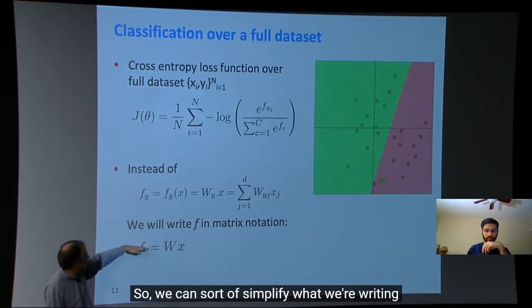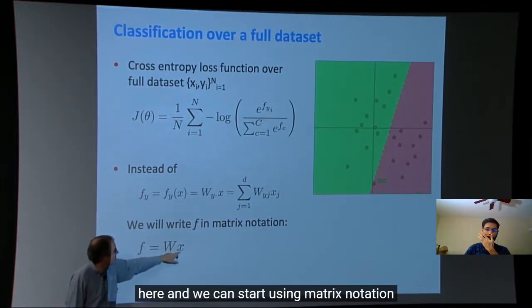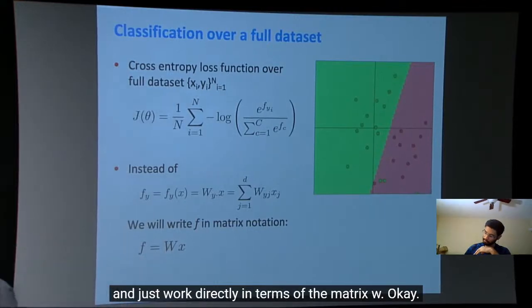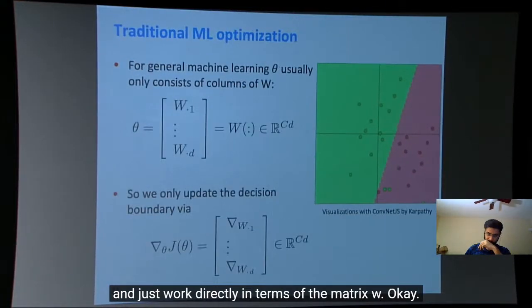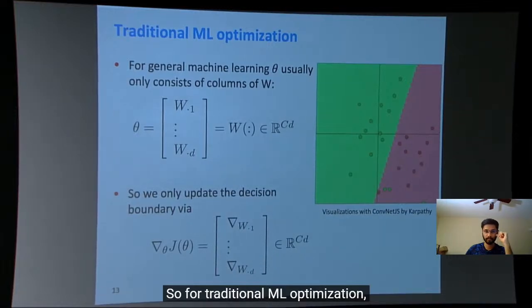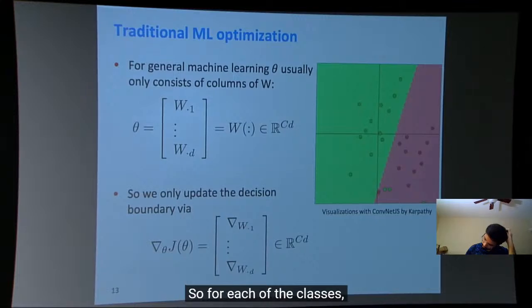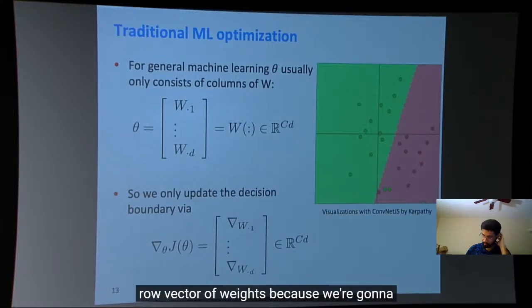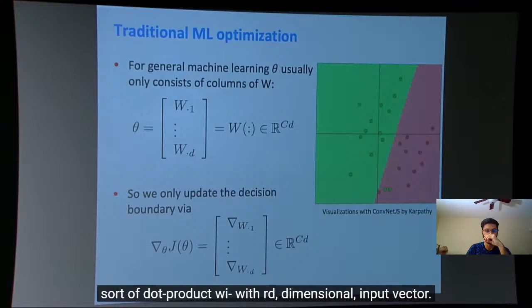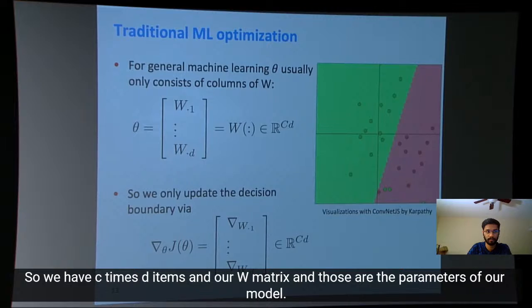So we can simplify what we're writing here, and use matrix notation and just work directly in terms of the matrix W. So for traditional ML optimization, our parameters are these sets of weights for the different classes. For each of the classes, we have a d-dimensional row vector of weights, because we're going to dot product with our d-dimensional input vector. So we have c times d items in our W matrix, and those are the parameters of our model.